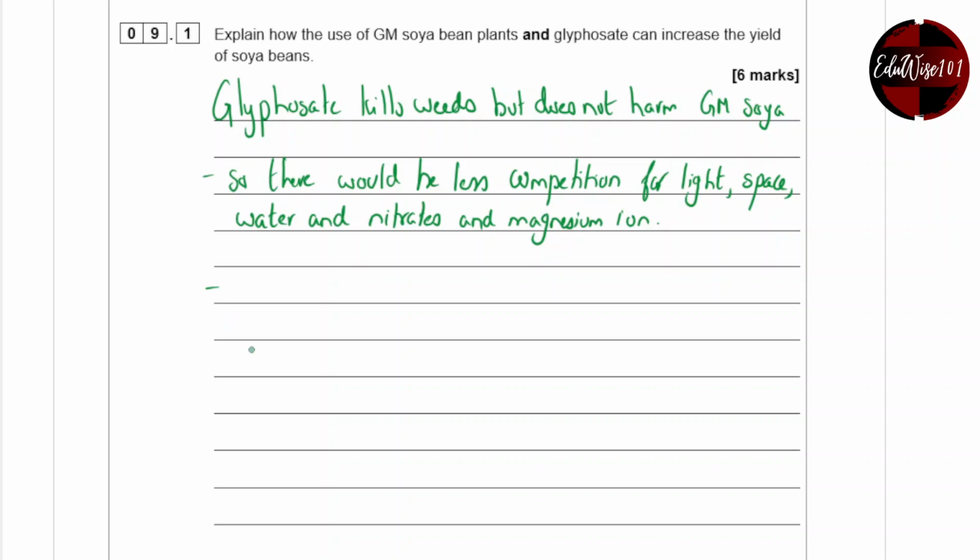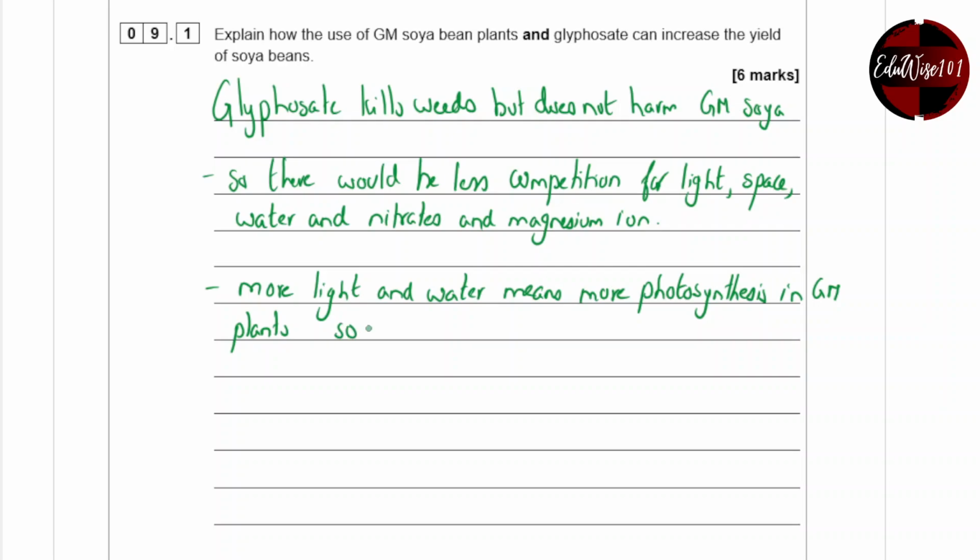Right? So how does this help? More light and water means more photosynthesis in GM plants. So more glucose is produced.